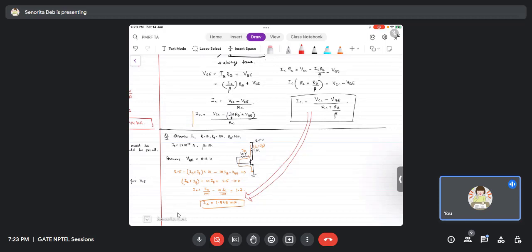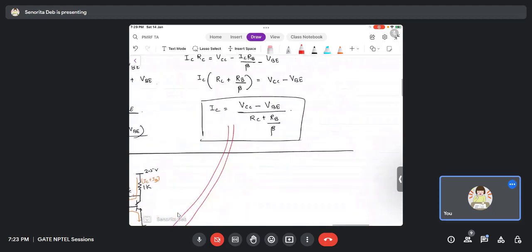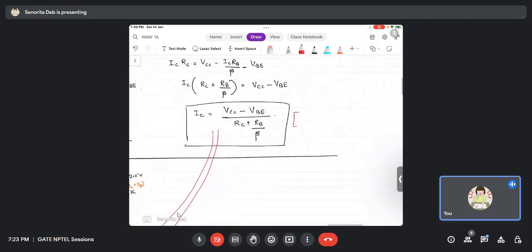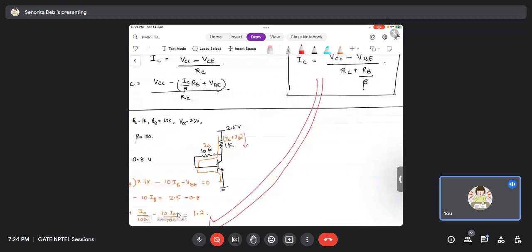Okay, so one thing I forgot to mention, that for the self bias also you have to consider IC as very much greater than IB, so that when you take the current from here, in the book they have mentioned this as IC directly, because they are taking IB as negligible, but I think this will also do.